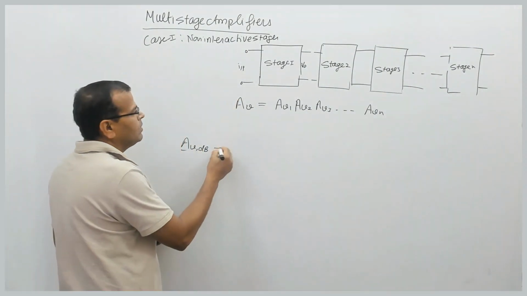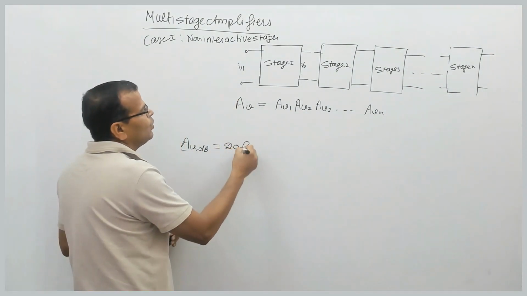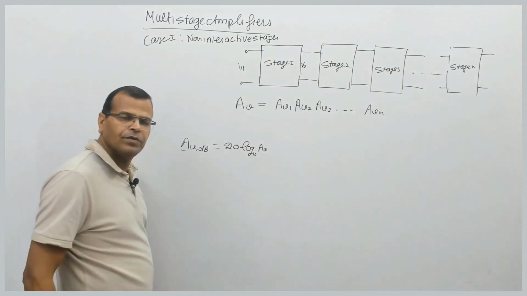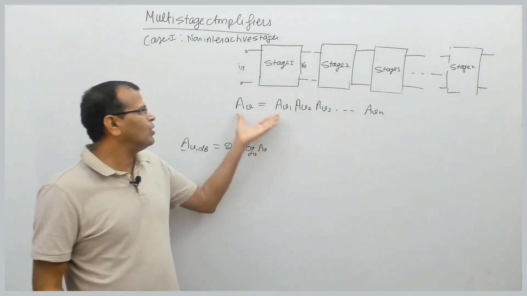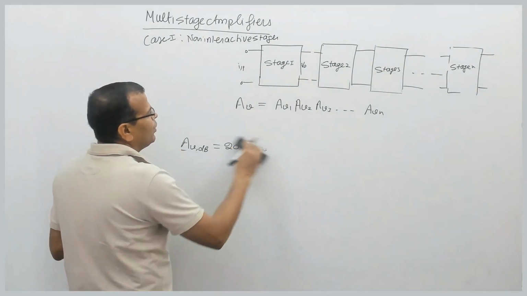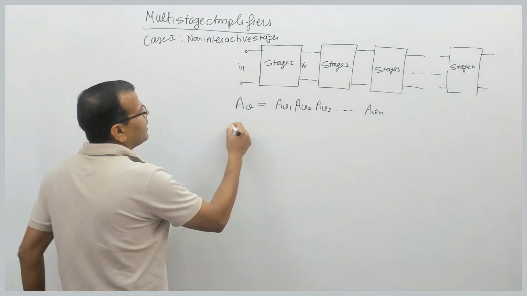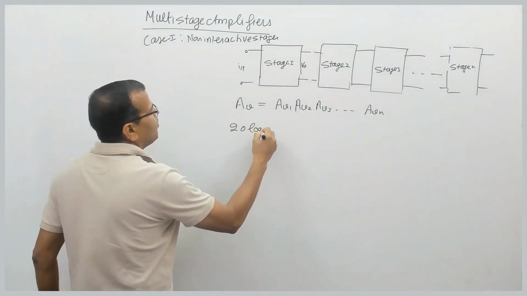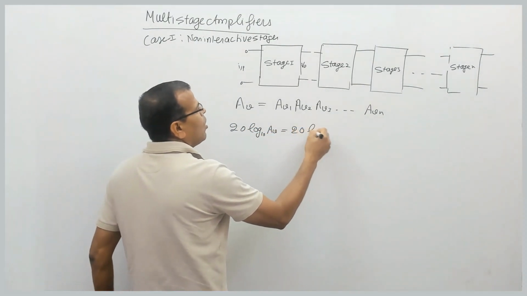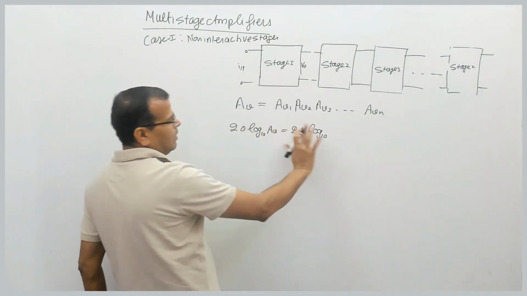So in decibels, this is written like this: 20 log base 10 AV. Fine. So this was a simple gain. If you take it in decibels, what do we do? You simply take 20 log base 10 AV equal to 20 log base 10 of AV1 AV2 and so on up to AVn.